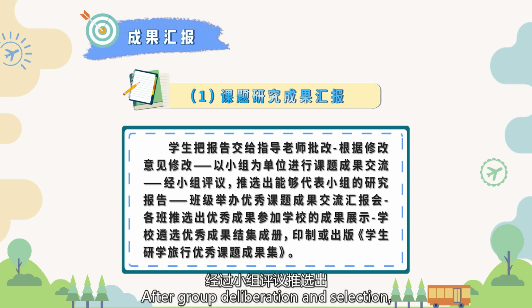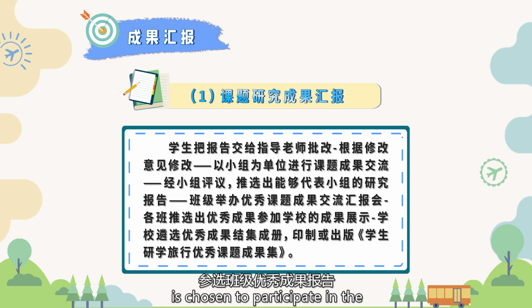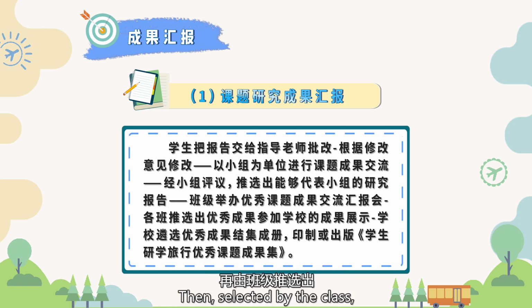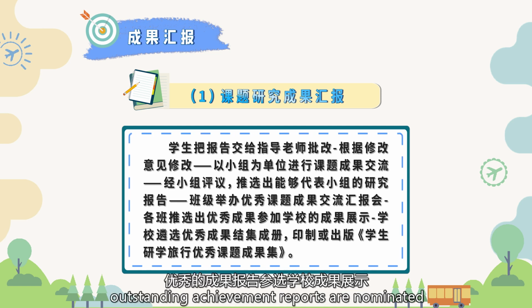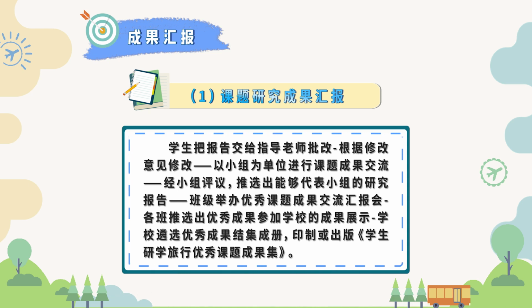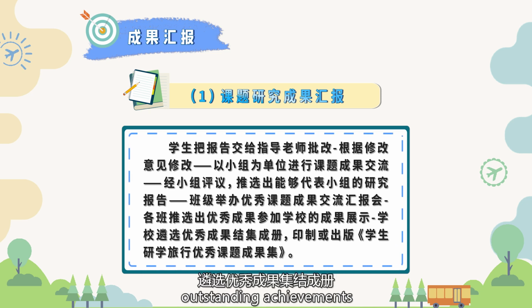After group deliberation and selection, a research report that can represent the group is chosen to participate in the Outstanding Class Achievement Report. Then, selected by the class, Outstanding Achievement Reports are nominated for the school's achievement exhibition. Finally, selected by the school, outstanding achievements are compiled into a collection.